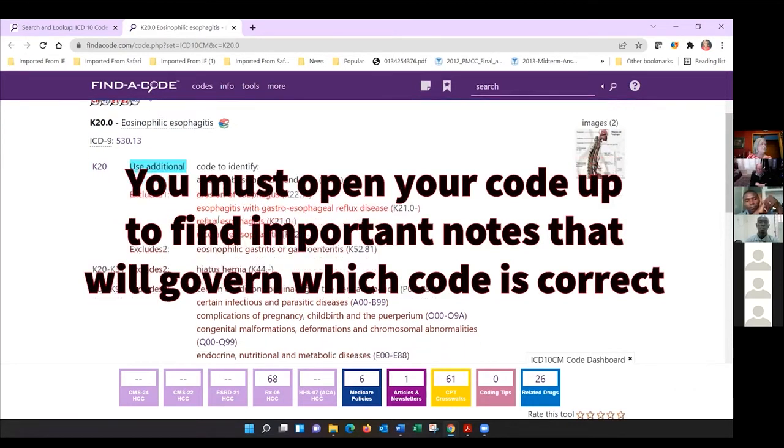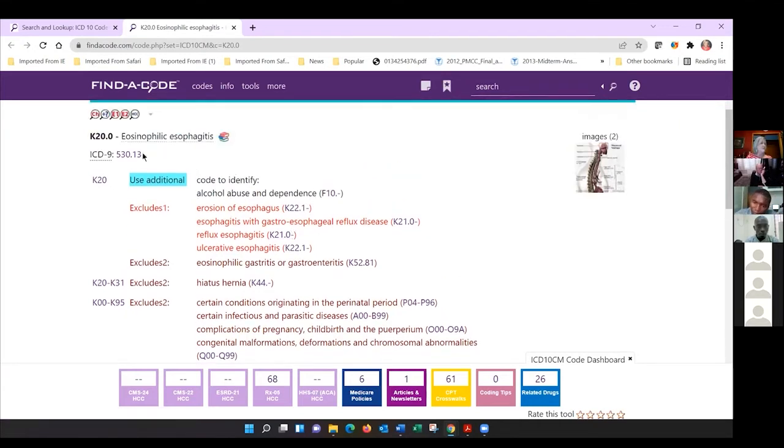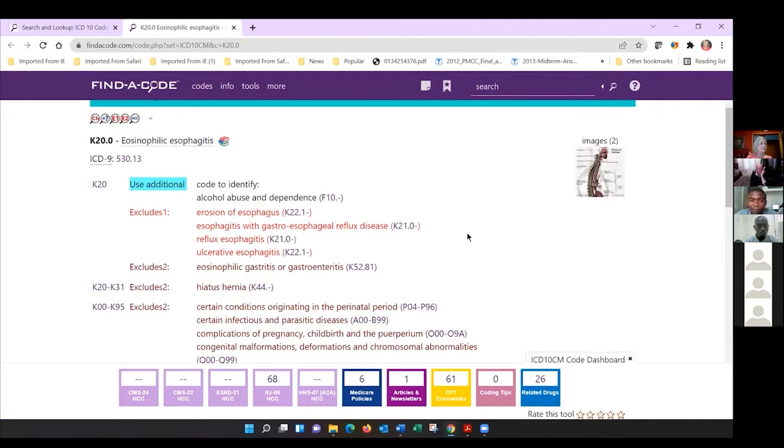So if I had any of these diagnoses, erosion of esophagus, esophagitis with gastroesophageal reflux disease, reflux esophagitis, ulcerative esophagitis, I could not code them. I would have to go back into my chart and rewrite my diagnoses and figure out what I need to code. So we don't have that. We don't have to worry about that, but you might, and you will.